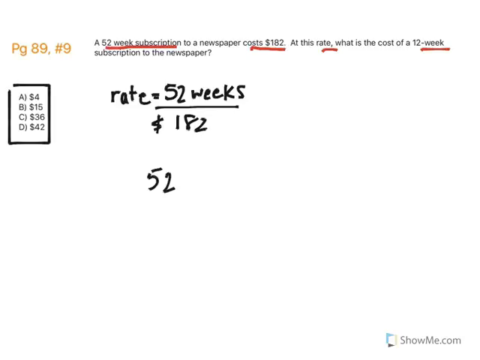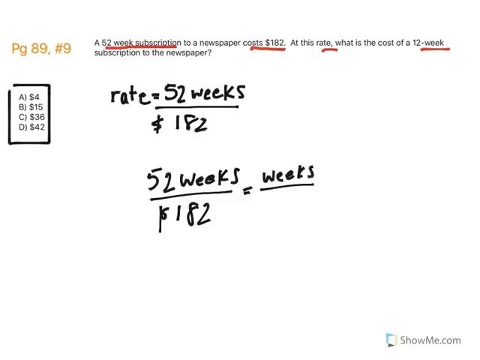So if we know that we can get 52 weeks of the magazine for $182, our rate is going to be in weeks over dollars. So, in 12 weeks, how many dollars will that cost?